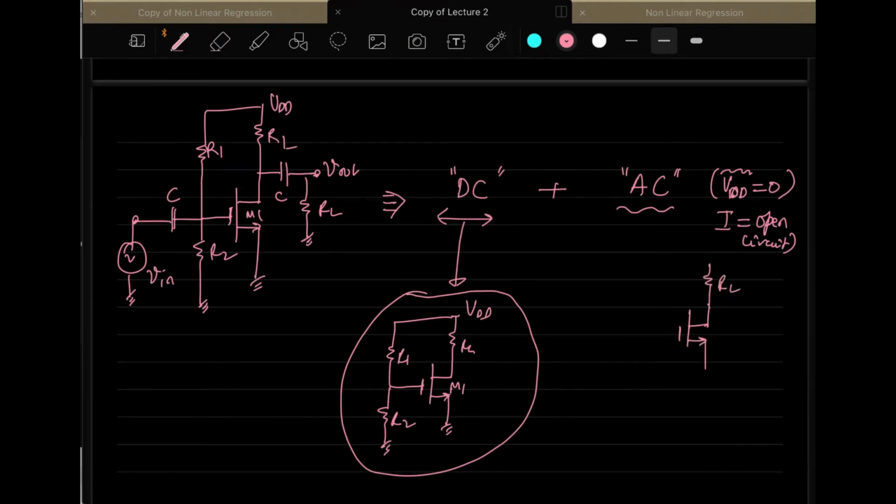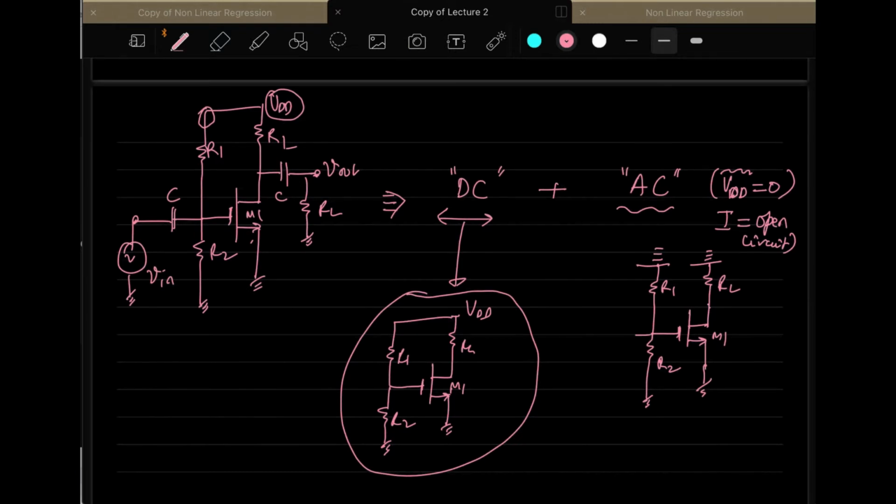This is RL. This will be grounded because VDD will be grounded, and this is already ground, and then you have resistors R1, R2, and this is connected to this point. This will also be grounded because this is connected to VDD.